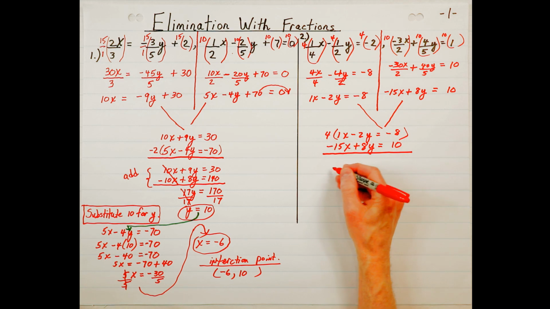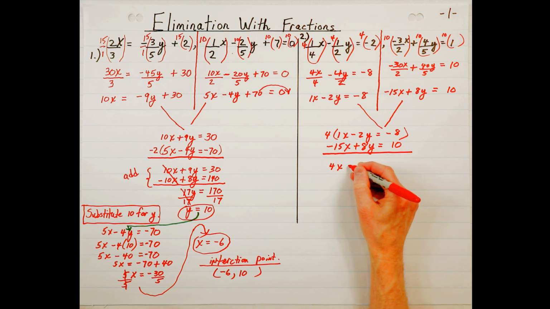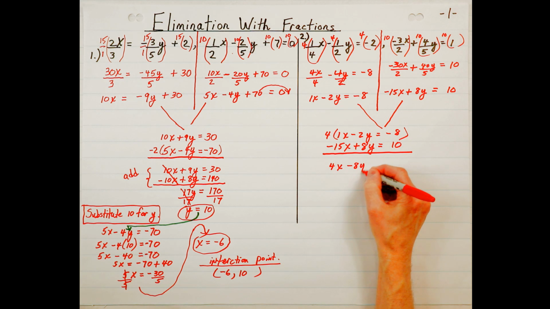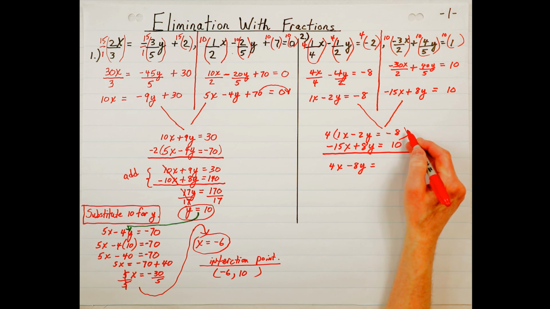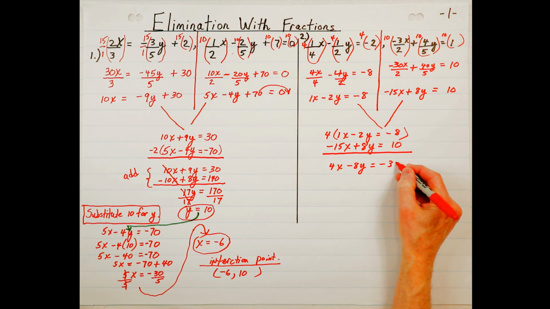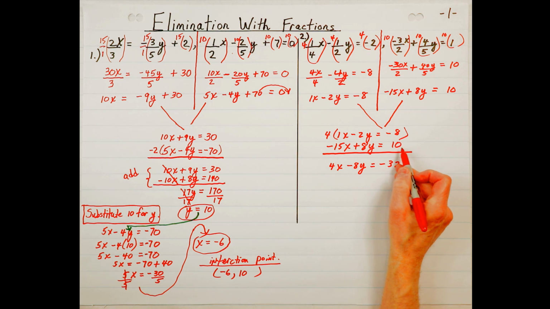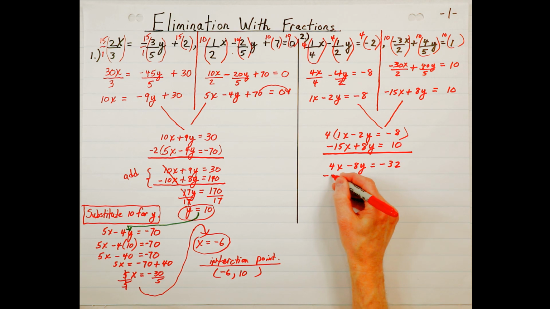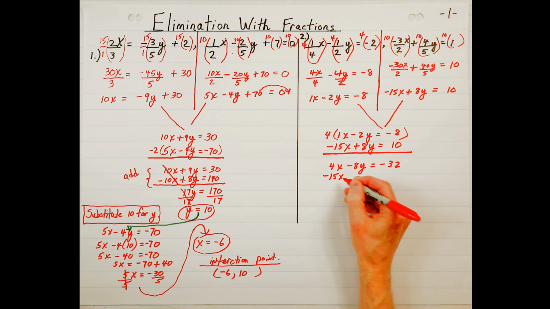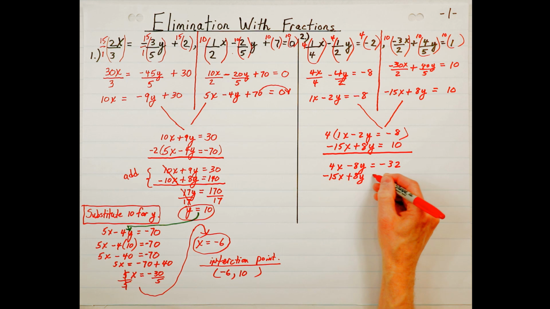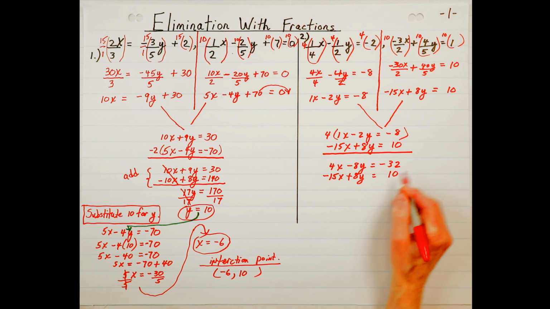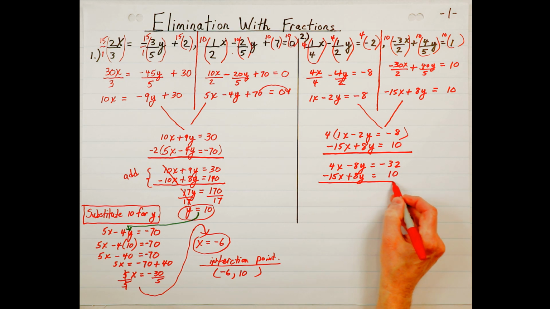So 4 times 1x is 4x. 4 times negative 2y is negative 8y. 4 times negative 8 is negative 32. We don't have to multiply this equation by anything. Just bring it down. Plus 8y is equal to 10. Does that look okay?